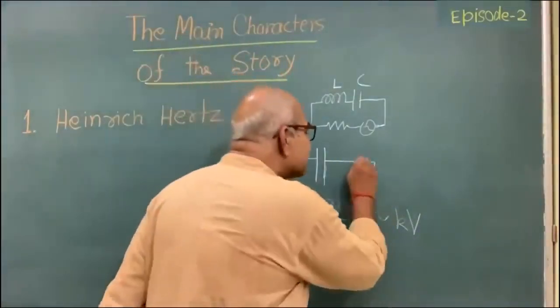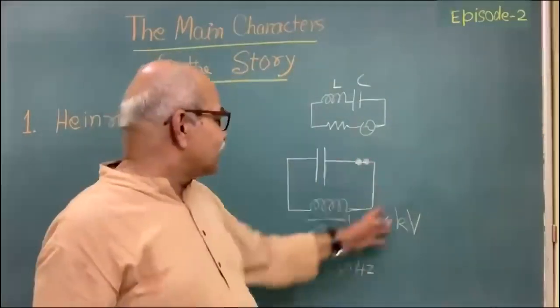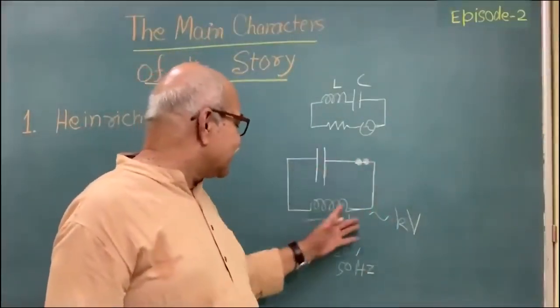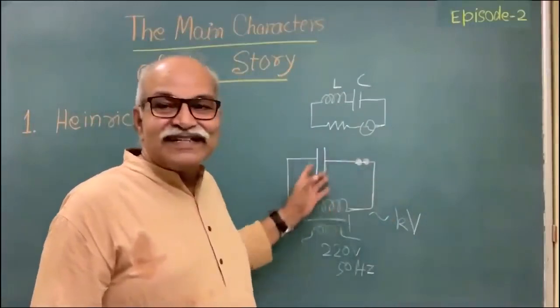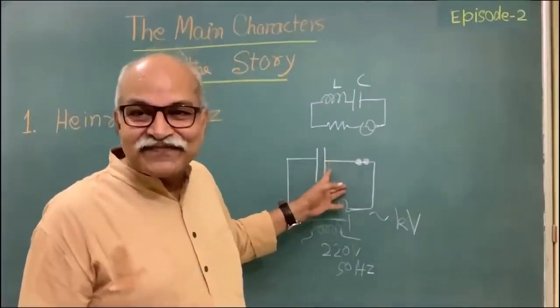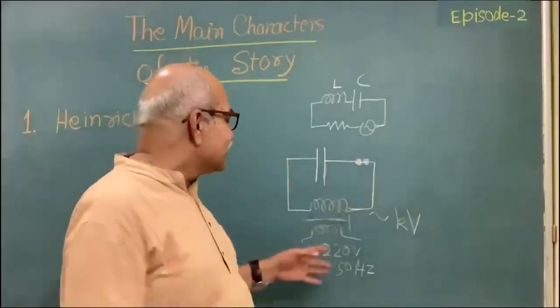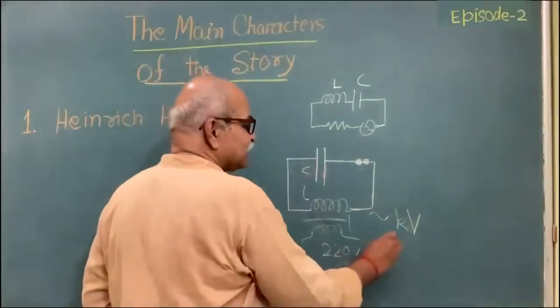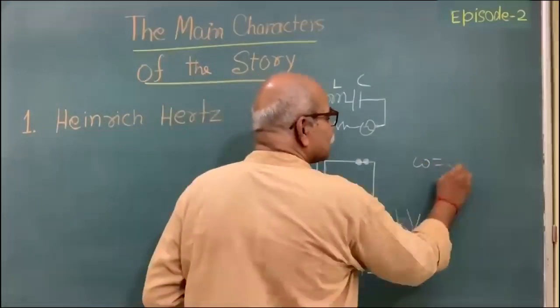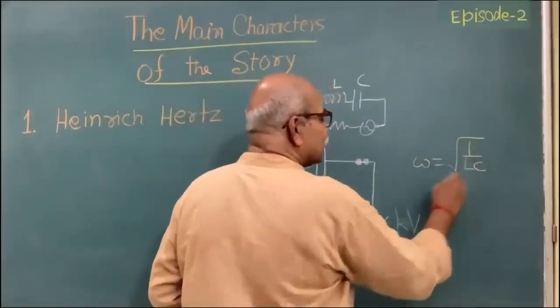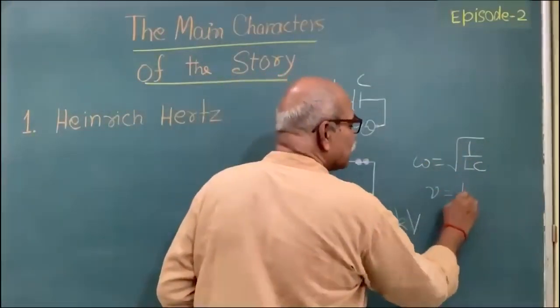The moment you complete the circuit, all that LCR thing, the resistance is already there in the circuit, so all that LCR oscillations will start. And if you have L, you have C, then omega equals square root of 1 by LC, or frequency is omega by 2 pi.